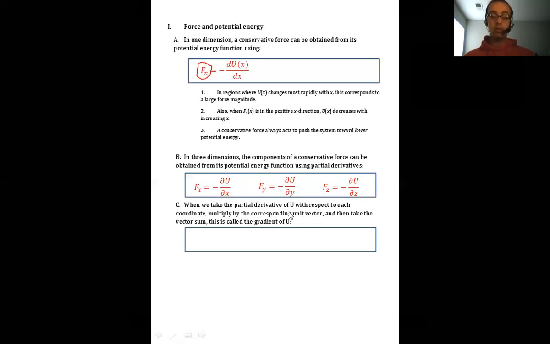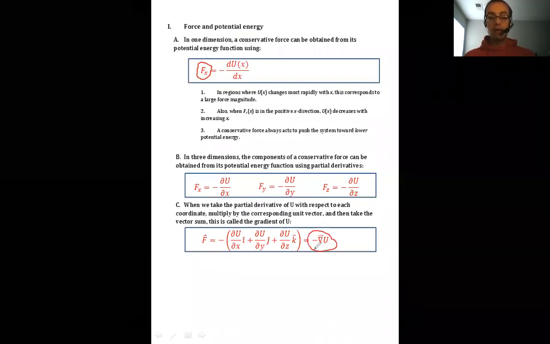When we take the partial derivative of U with respect to each coordinate, multiply by the corresponding unit vector, and then take the vector sum, this is something called the gradient. And this is something that you'll see in other physics classes and in mathematics classes.